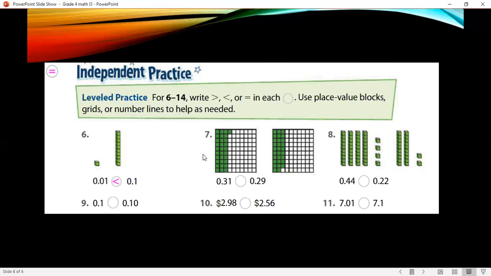Number 7. If I look at number 7, I can see that the place value, the tenths, the number 3, is bigger than the number 2. So 0.31 is bigger than 0.29.